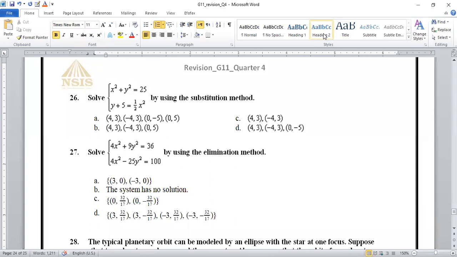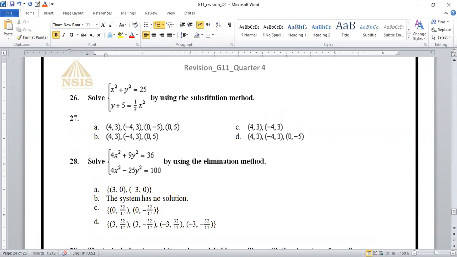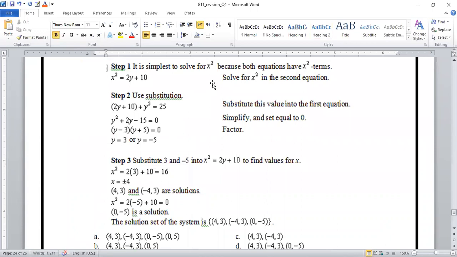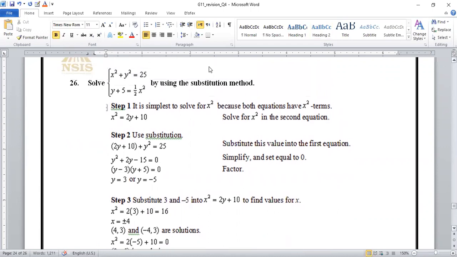Number 26, solve x squared plus y squared equals 25 and y plus 5 equals 1 over 2 x squared by using the substitution method. Step 1, solve for x squared. From the second equation, we get x squared equals 2y plus 10.